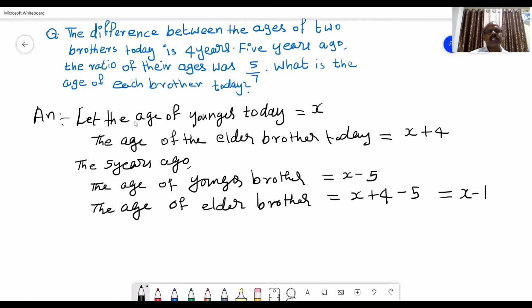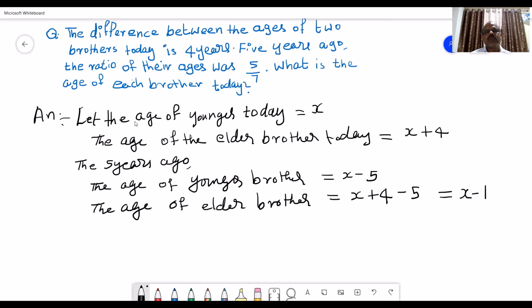Then what we are having? We are having a ratio at the time of 5 years before. The ratio is given here as 5/7. In this, the numerator is less than the denominator.